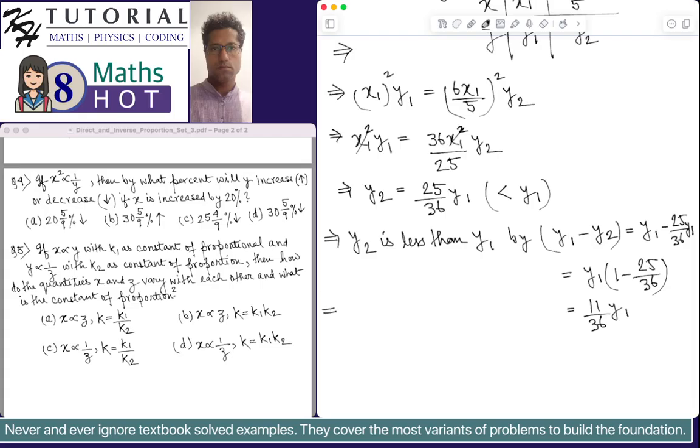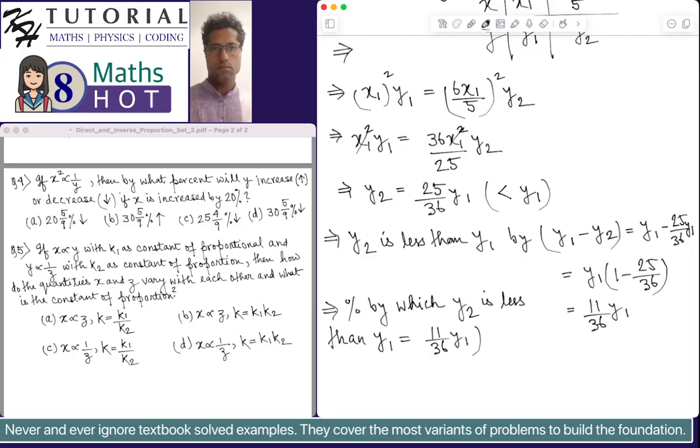So we can say that the percentage by which y2 is less than y1 will be equal to the difference of y1 and y2, which is 11 by 36 y1.